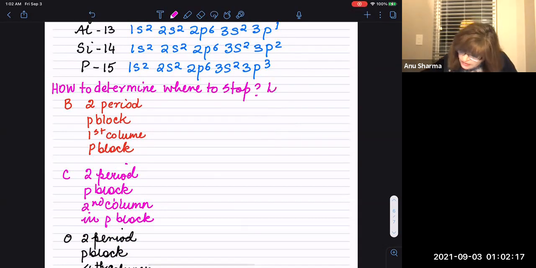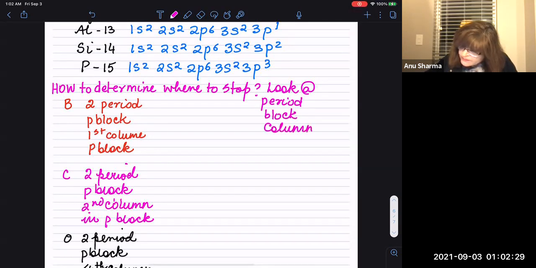Look at the period, block, and column number. And that's what it is.